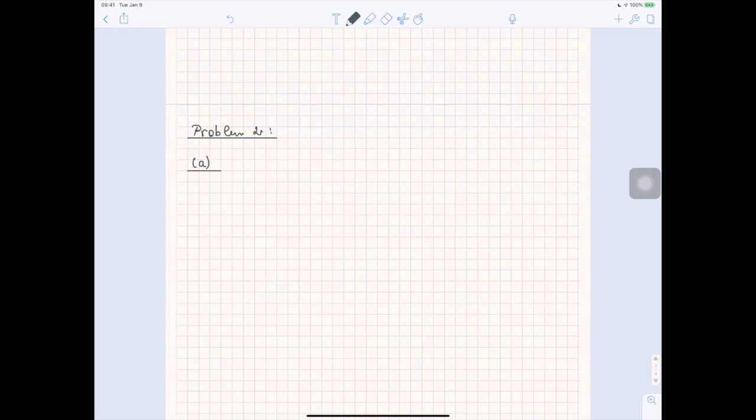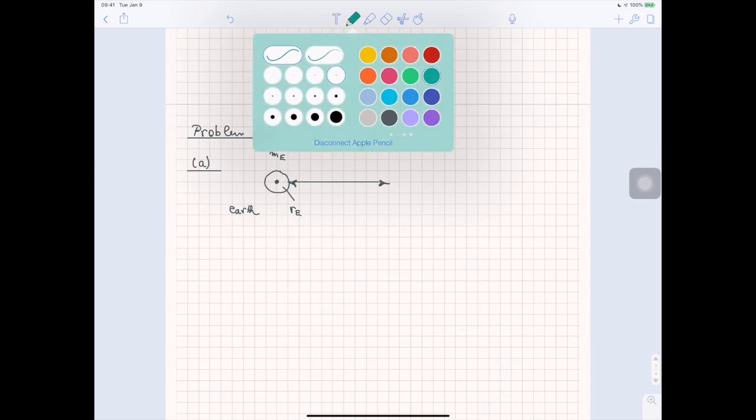Now you have here the Earth, mass M_E, and the Earth radius. Then you have the altitude, relative to the surface. Let's say the satellite would be here.